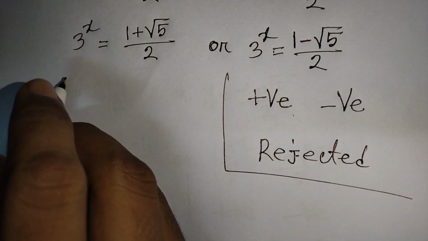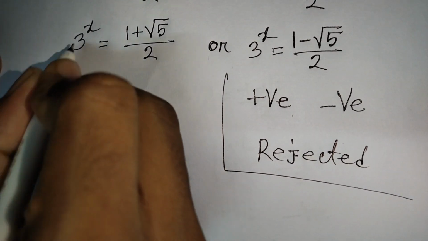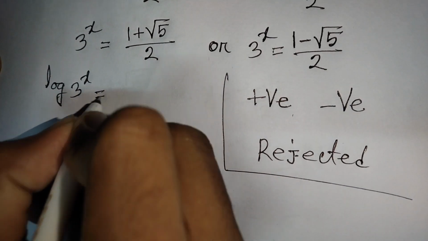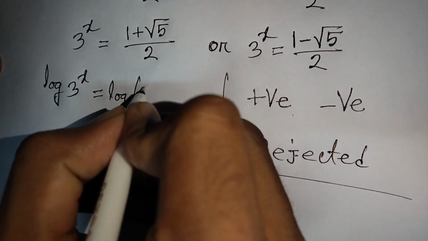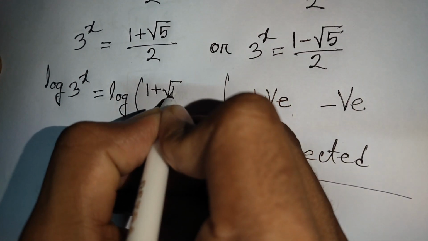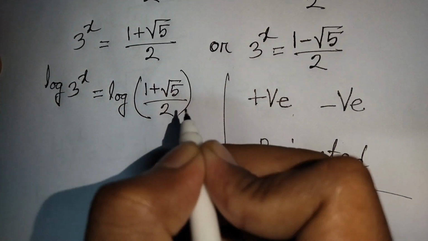Now from here we apply log on both sides. You can write here log of 3^x is equal to log of (1 plus the square root of 5) divided by 2.